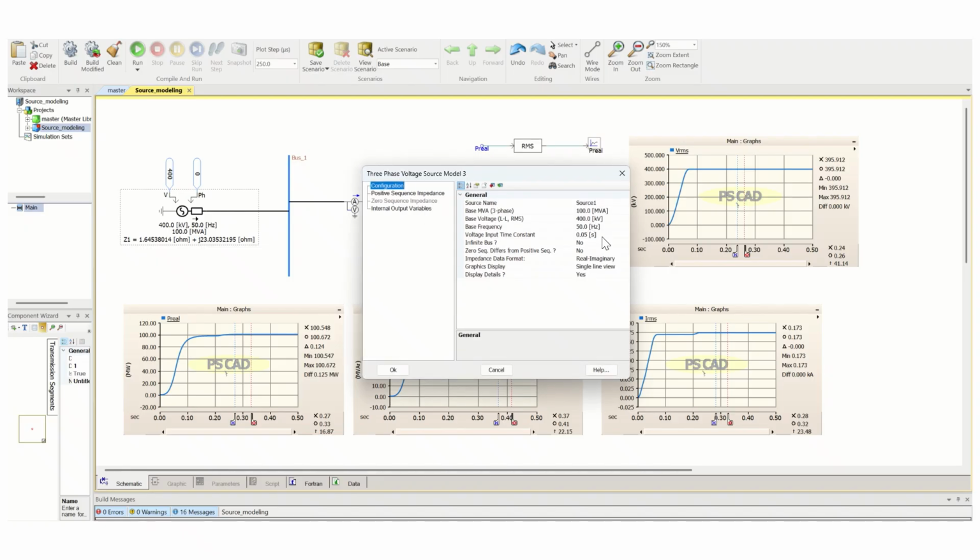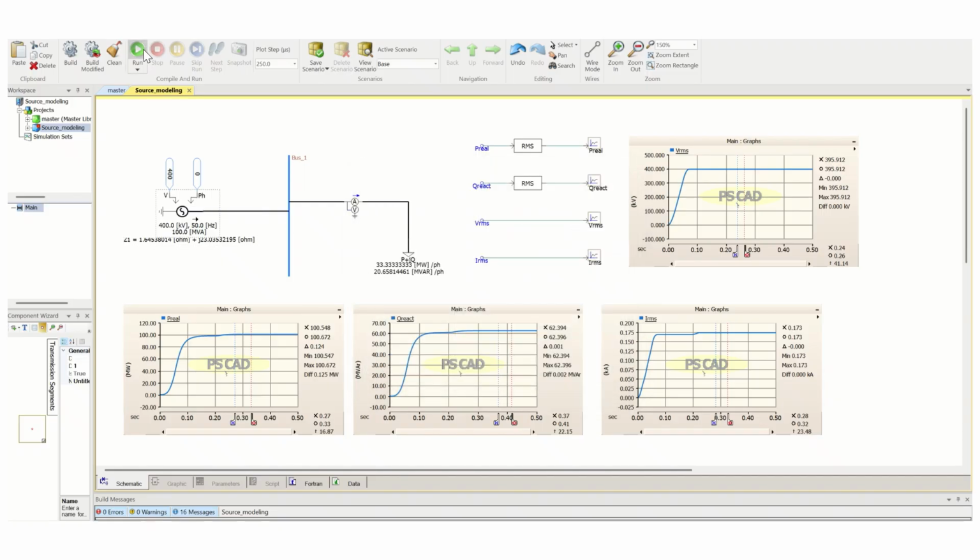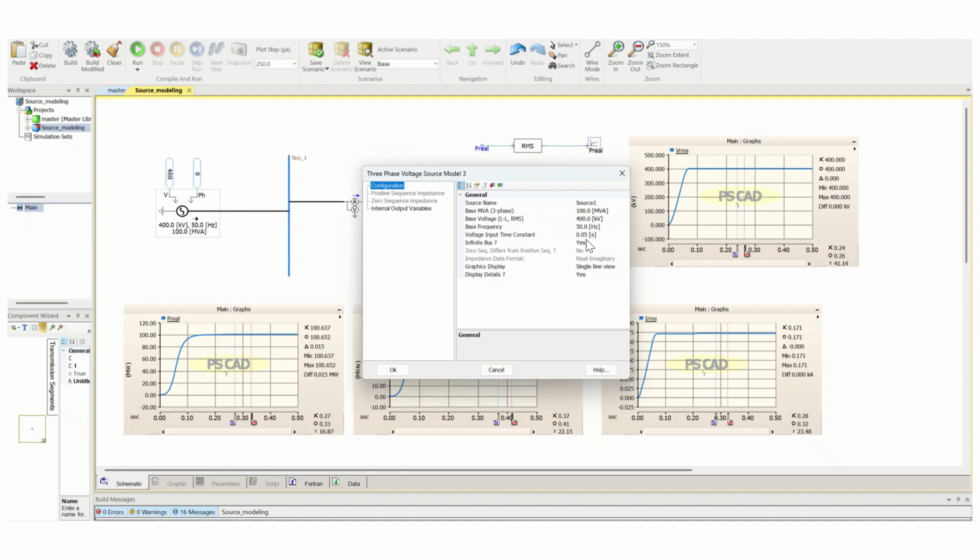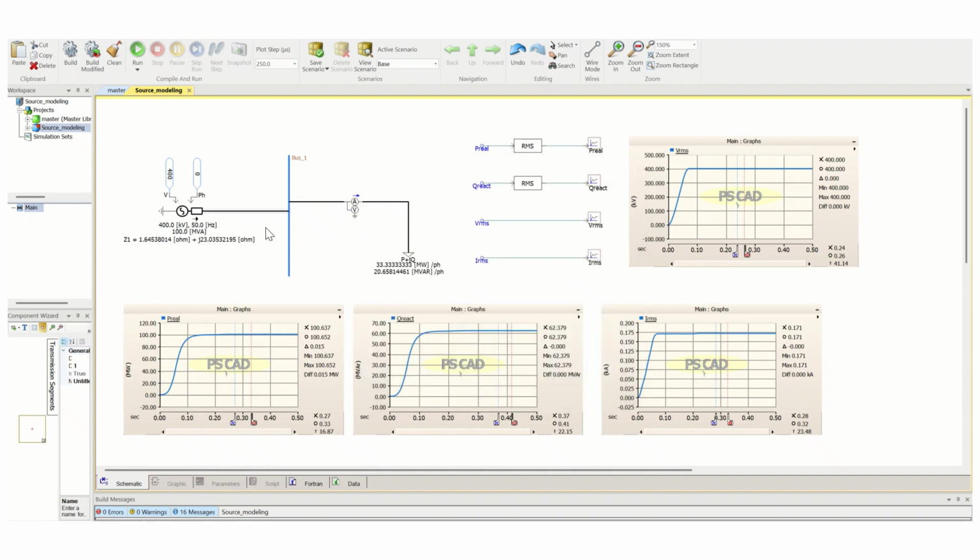Because in case of infinite bus, what we have seen, this voltage was exactly 400 kV. But whenever we are considering that this is not the infinite source, and we are giving some positive sequence and negative sequence, meaning positive sequence resistance and reactance values, at that time this voltage will come down.